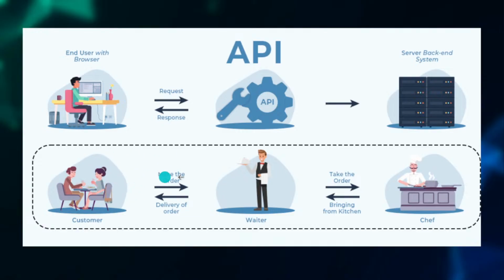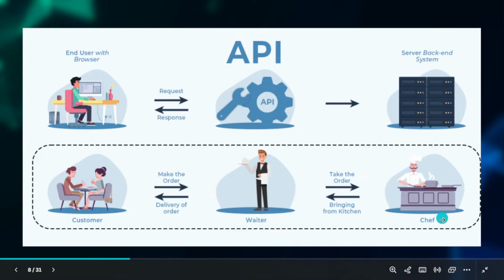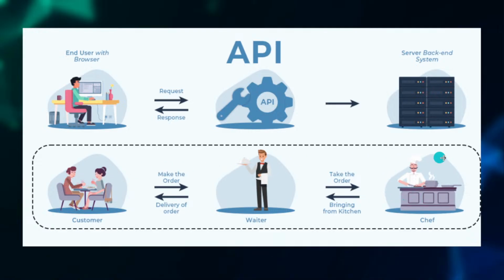Based on the customer's order, the waiter tells the chef, and based on the waiter's request, the chef prepares the dish. The dish is then delivered by the waiter to the customer.